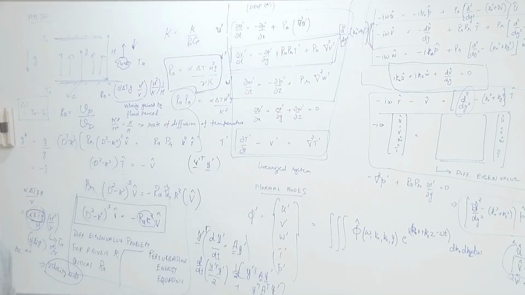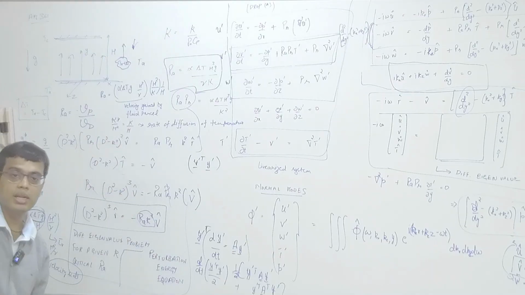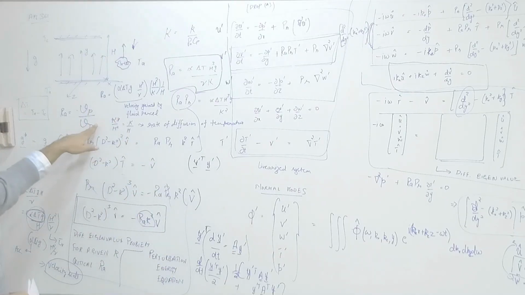Okay. And the physical intuition behind instability is that if your Rayleigh number is very high, then the rate of diffusion is very small. So that means within this diffusive time scale, the velocity of the fluid parcel is very large compared to the rate of diffusion.